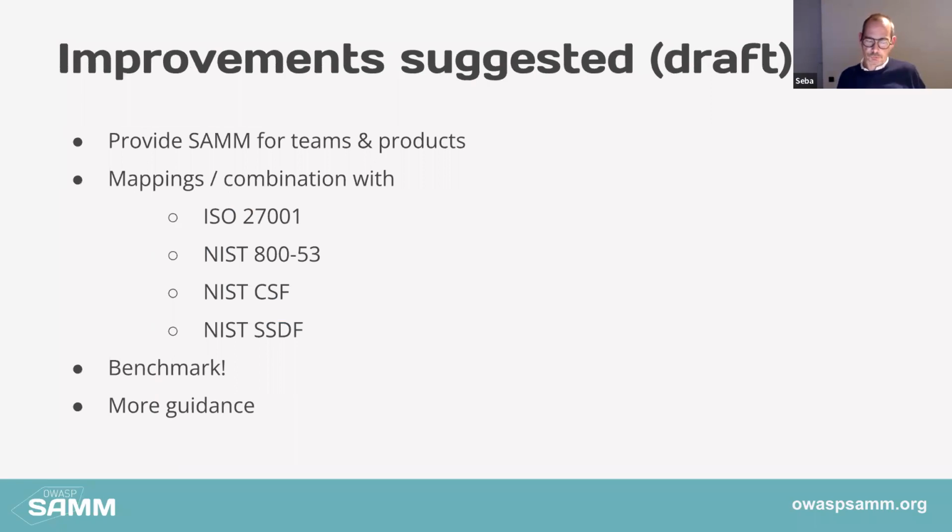Now, there was also a question on how SAMM could be improved. Some very preliminary draft suggestions that we filtered out of that are that it makes sense to provide some specific SAMM guidance, or even profiles or example roadmaps for teams and products, besides organizations and lines of business.